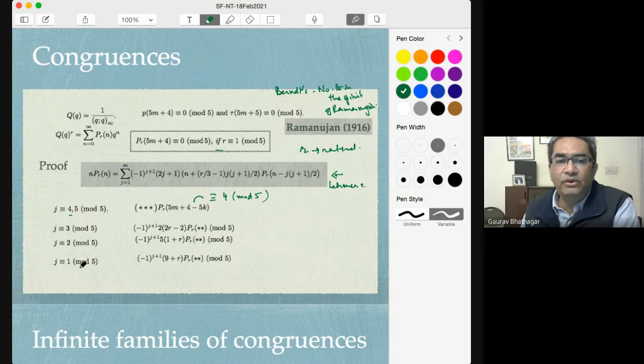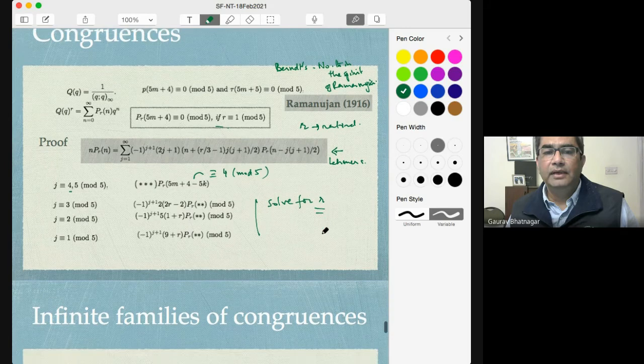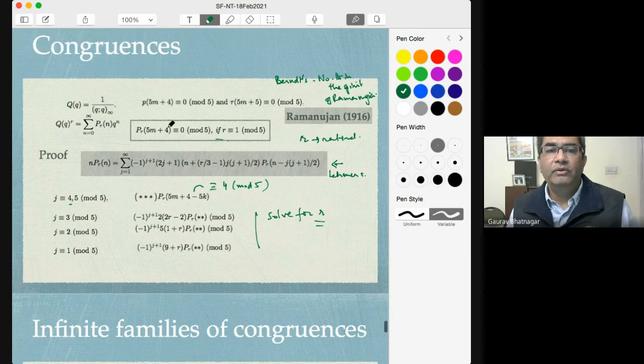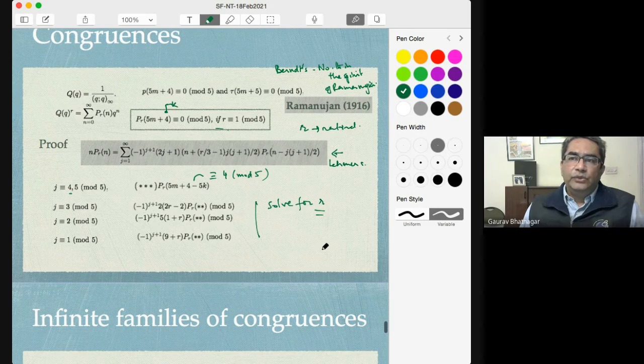If j is 3, 2 or 1, again you can simplify everything. And it turns out that when R is equal to 1 mod 5, then this term becomes 0, this is 0, and this is 0. So in fact you can just solve for R. If you generalize this to k, you can then solve for R. So this is really simple.